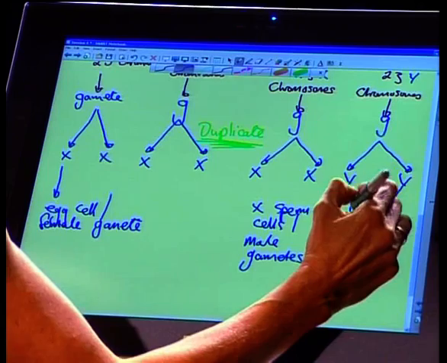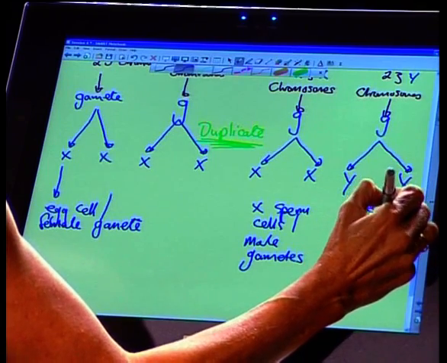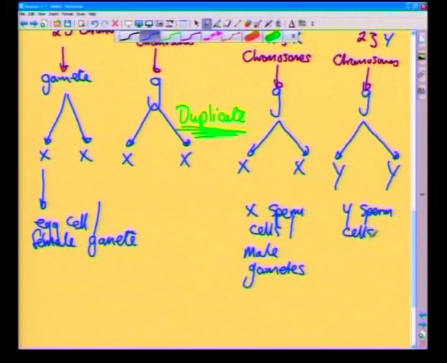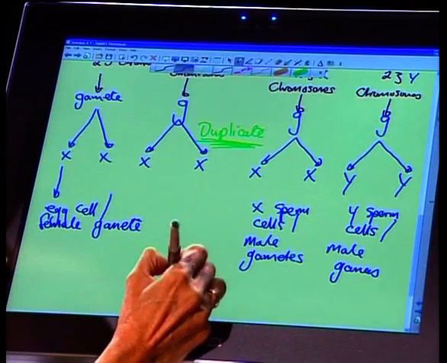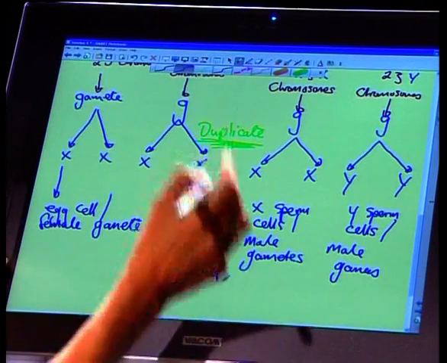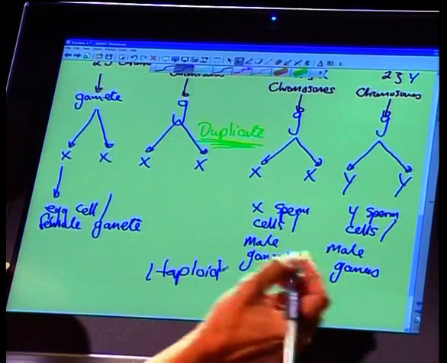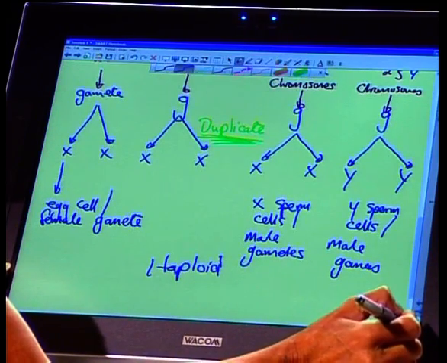And here we're going to have our Y sperm cells or male gametes. And all of these are haploid.